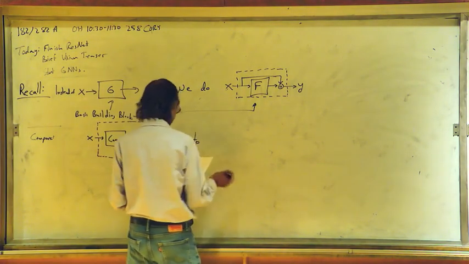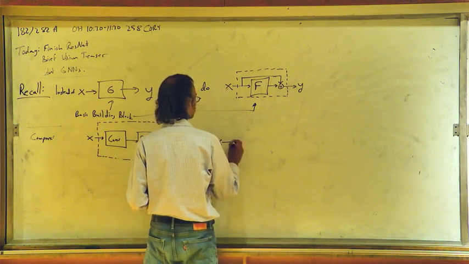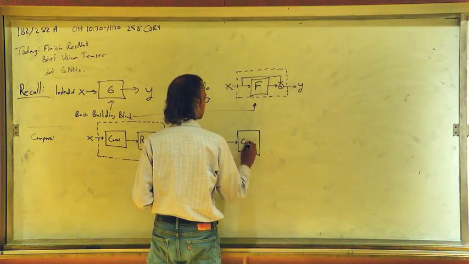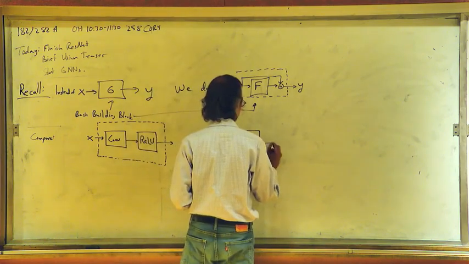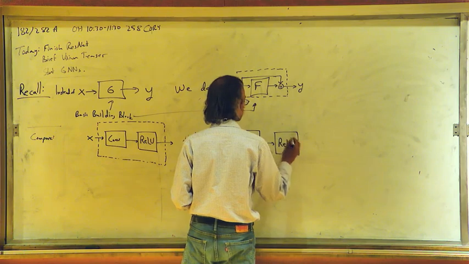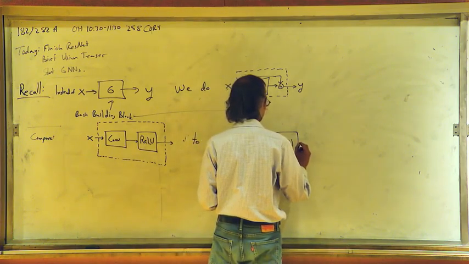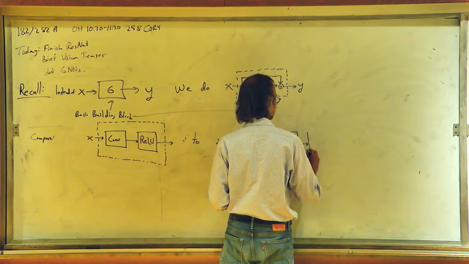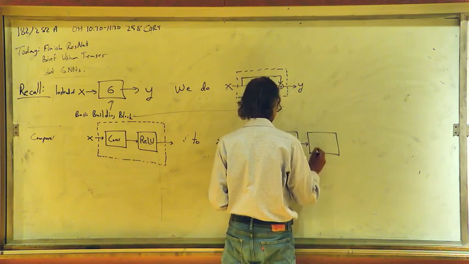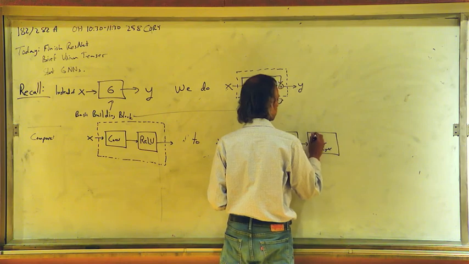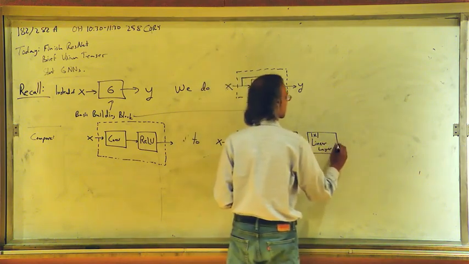Compare this to another choice. A conv layer, ReLU, and let's just say for purposes of thinking, a 1-by-1 linear layer.